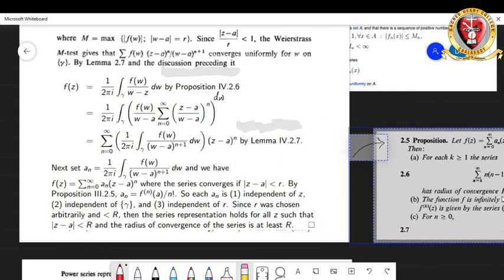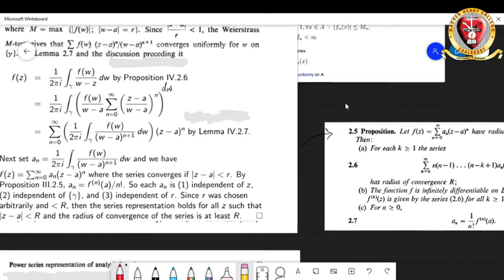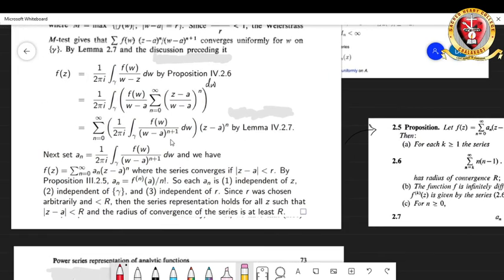That applies here, since all the hypotheses there are satisfied. The function has the power series representation, and the series converges inside modulus of z minus a strictly less than r. That means a n has the form f n of a by n factorial.